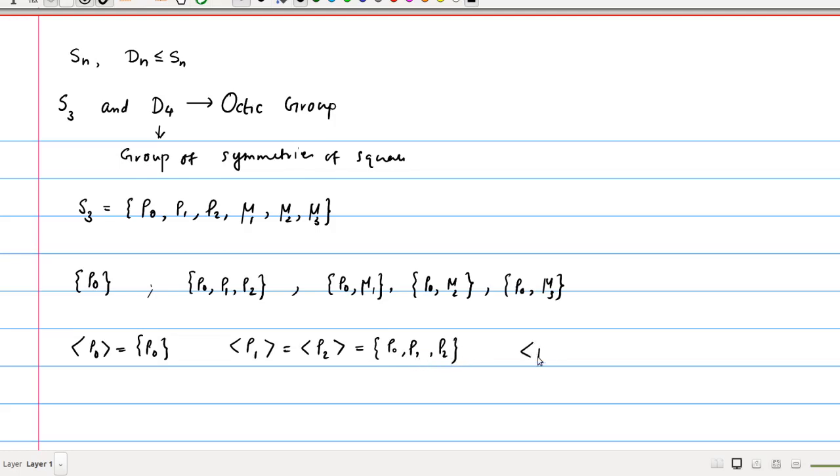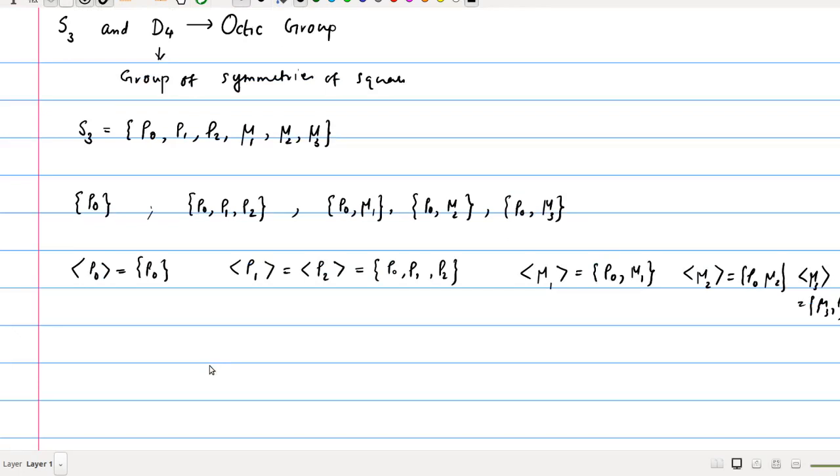The subgroup generated by mu1 gives rho naught and mu1, as rho naught is the identity element of S3 and comes in all subgroups. The subgroup generated by mu2 consists of rho naught and mu2, and the subgroup generated by mu3 is rho naught and mu3. So these are the subgroups of S3.